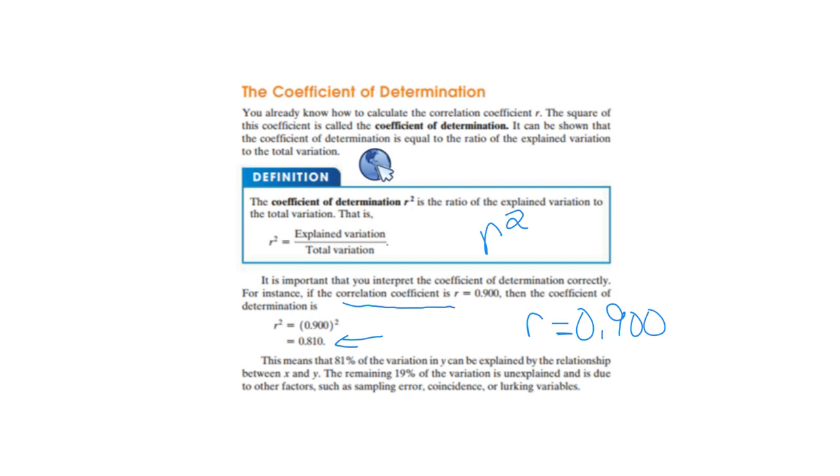And so what this means is that 81% of the variation in Y can be explained by the relationship between X and Y. The remaining 19% is unexplained, and it could be due to lots of things. A sampling error, it could just be coincidence. It could be that we have variables that are related to those two variables that we haven't even looked at yet. So lots of things going on in the unexplained.